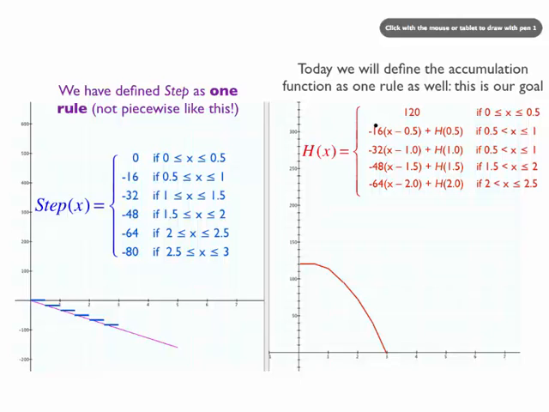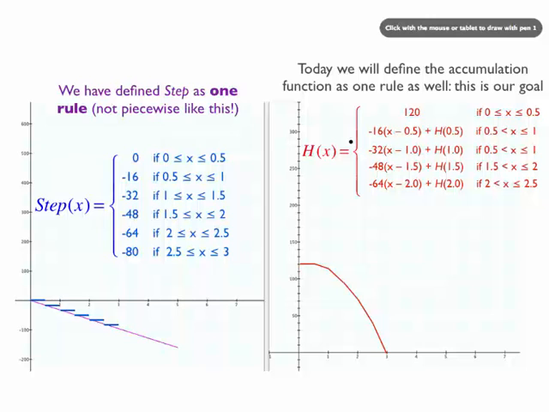So we know how fast it's changing, and we want to know how much of it we have. So is this accumulation function based on this step function approximate or exact? It's approximate because it's based on an approximate rate function, right?